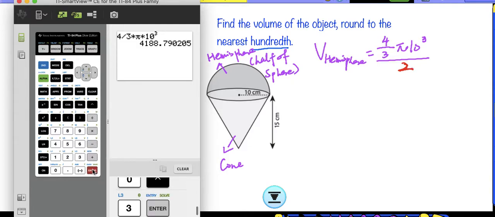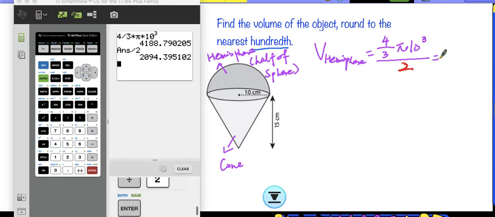Whatever the answer, do not forget we need to divide by 2. Okay, so now we can just put the answer here. Some students might say, do I round it now? Personally, I always keep the final step and write more digits than the final answer, and we can round it at the end, because sometimes you don't know what happened to the third or fourth digit when you round it.